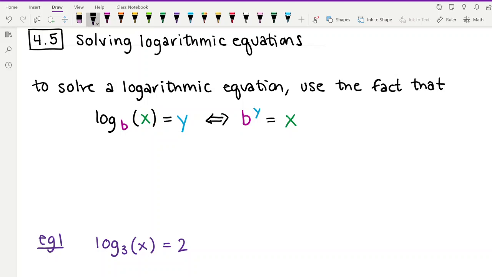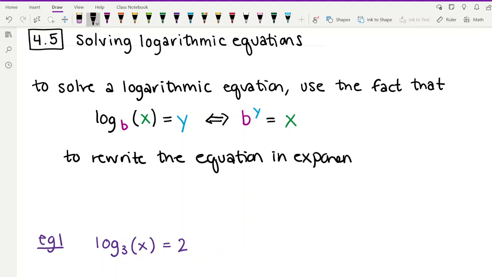So we're going to use this fact to rewrite the equation in exponential form. And we'll see that that will put the variable somewhere where we can easily solve for its value.